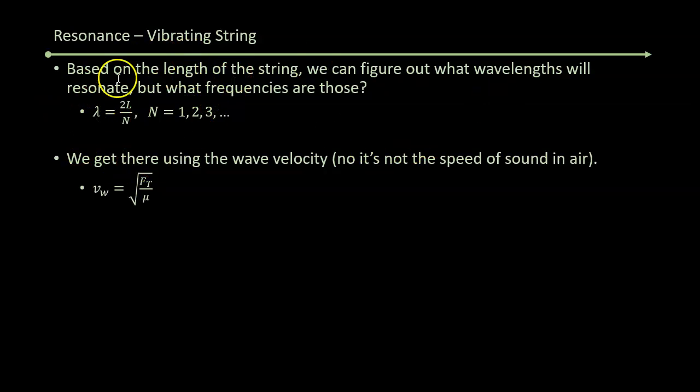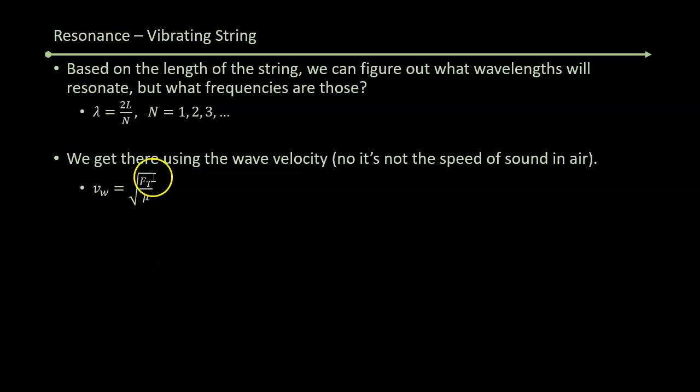Now, this is a wave traveling in a string, and the velocity of a wave in a string is not the same as the velocity of a wave in air. The formula for velocity of a wave in a string is simply the square root of the tension in the string divided by its mass per unit length.